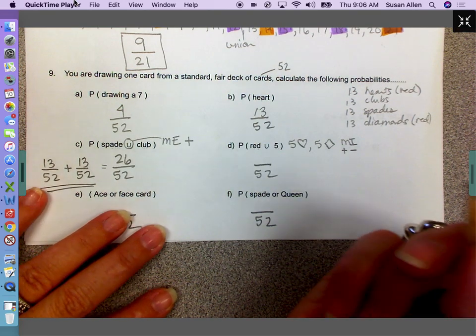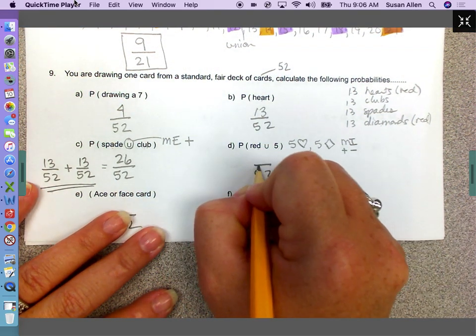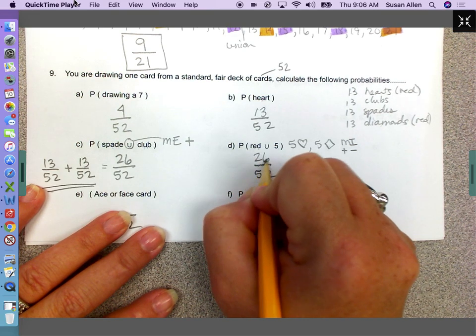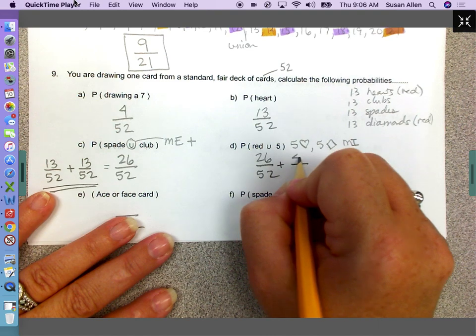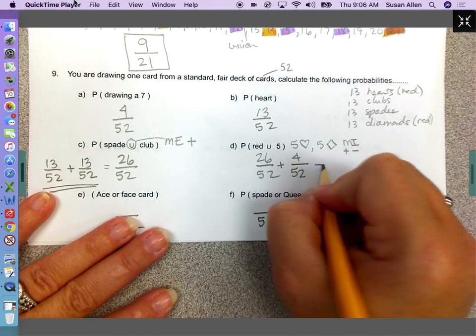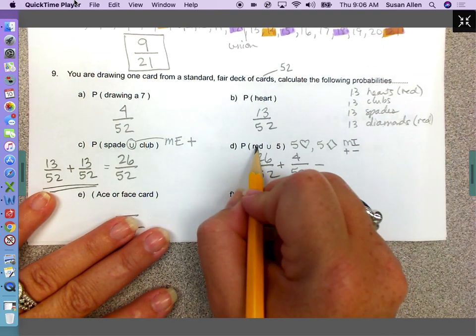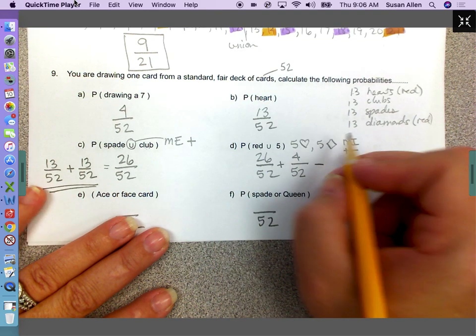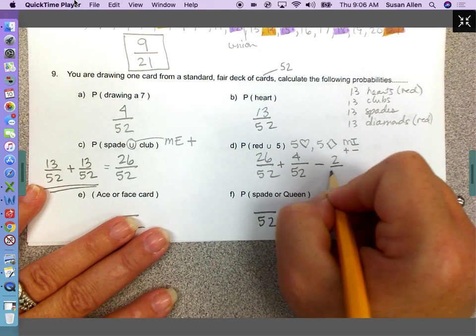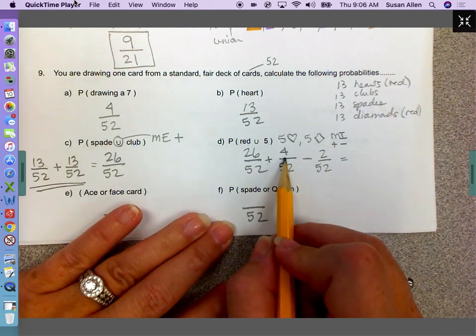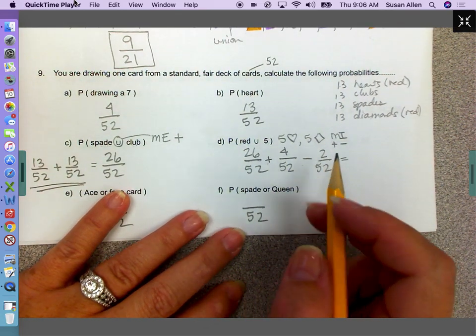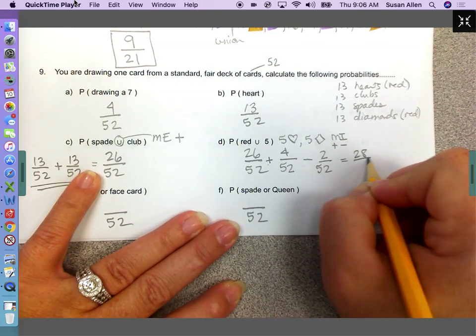So what are we going to add, then subtract? Well, how many reds are in the deck? 26. How many 5s are in the deck? 4. How many are red 5s? 2. So I need to subtract 2 out of 52. 26 plus 4 is 30. 30 subtract 2 is 28.